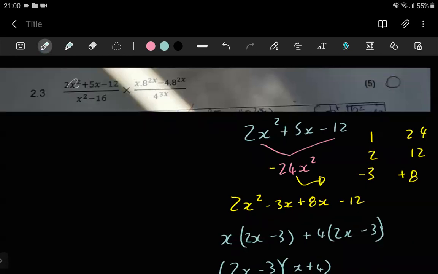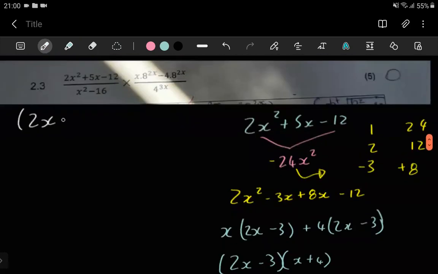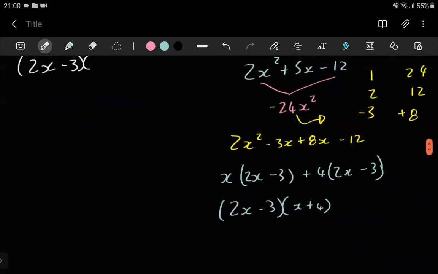Like here, this is going to be 2x squared. No, we factorize this. It's going to give us, we said it is 2x minus 3 and then x plus 4.